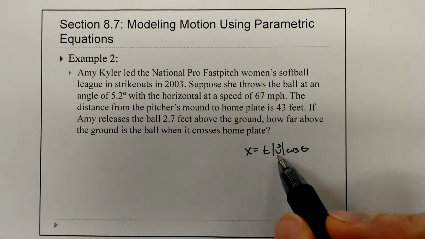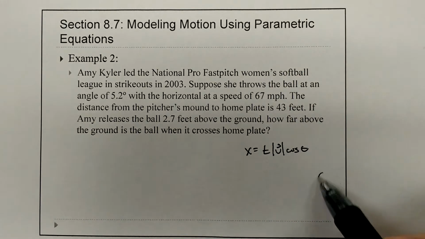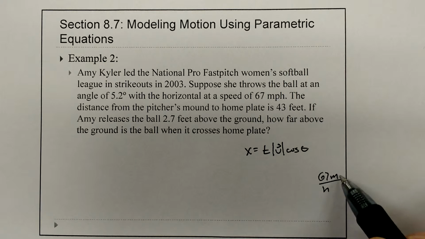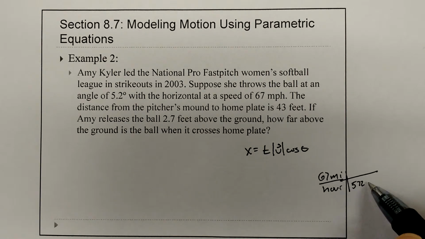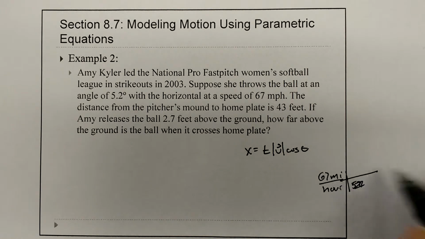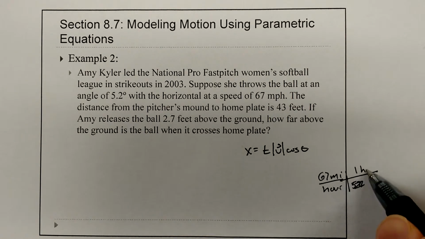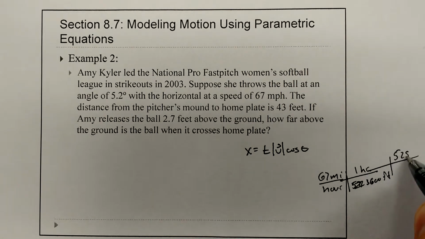Now I'm going to turn 67 miles per hour into feet per second. I need my units to be in feet and seconds. I don't remember how many feet are in a mile. Well, in 1 hour there are 3,600 seconds, and there are 5,280 feet in 1 mile.